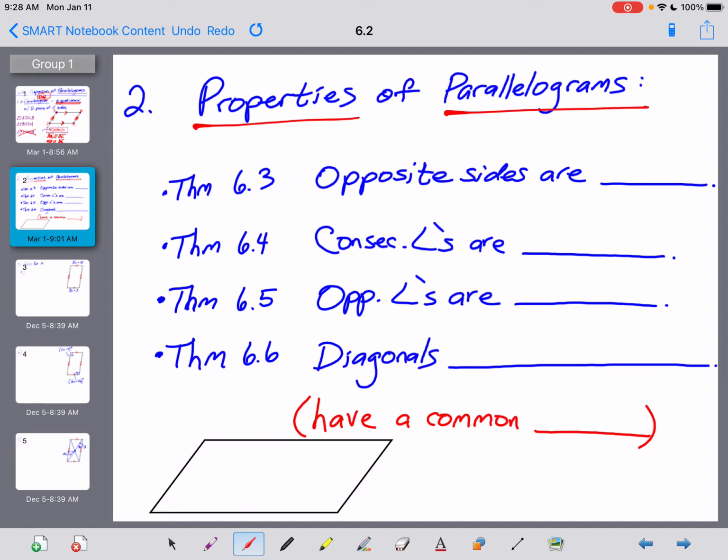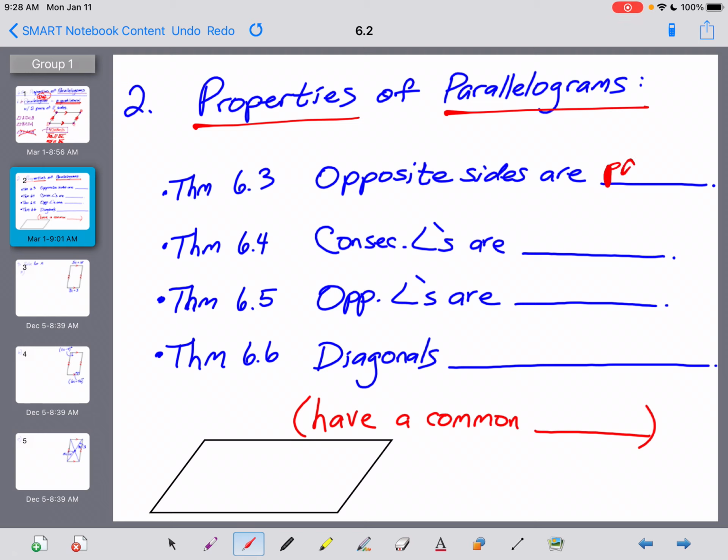It also says above that we're talking about parallelograms here. Opposite sides in a parallelogram are, and when I ask people in class what do you guys notice about the opposite sides, two things come up. Number one, they're parallel, but number two, they happen to be congruent as well, or at least look congruent. Don't write this down, guys.